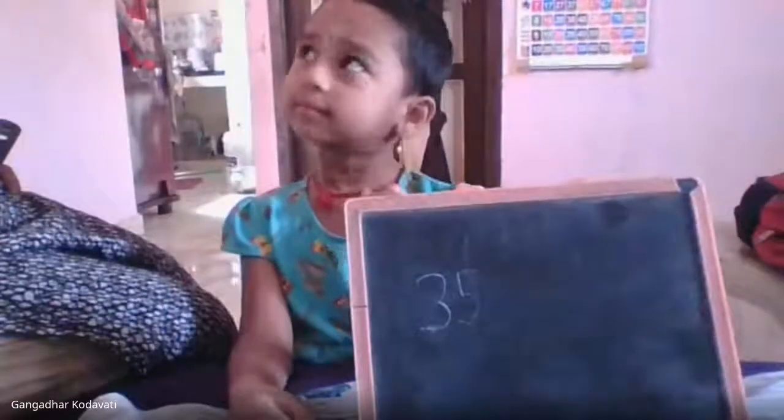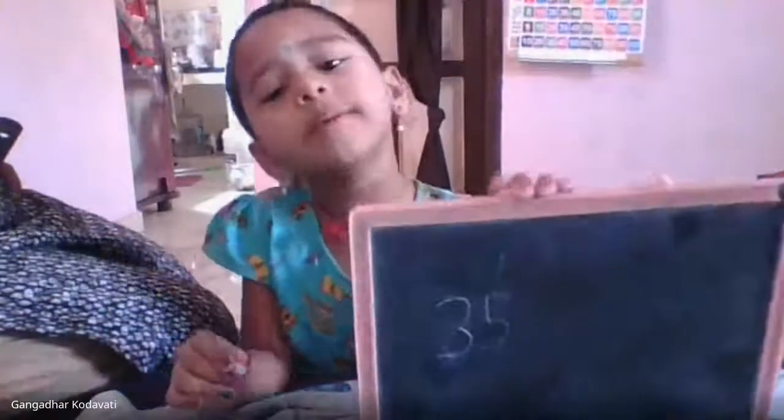Ma'am, I'm finished. Very good, Maroita. Next is 17. Good, Tarnika. Good, Ashni. Lakshana, write number 17. Good, Vivan.